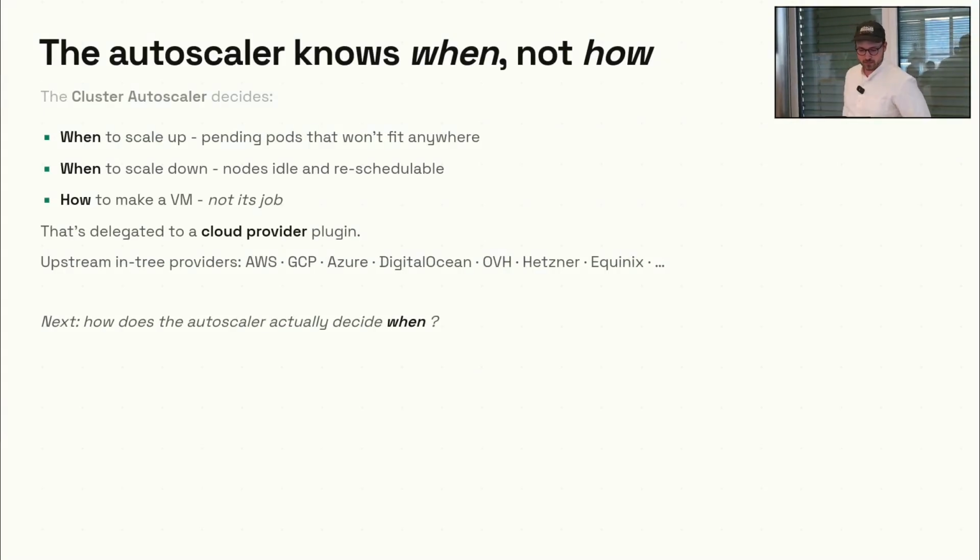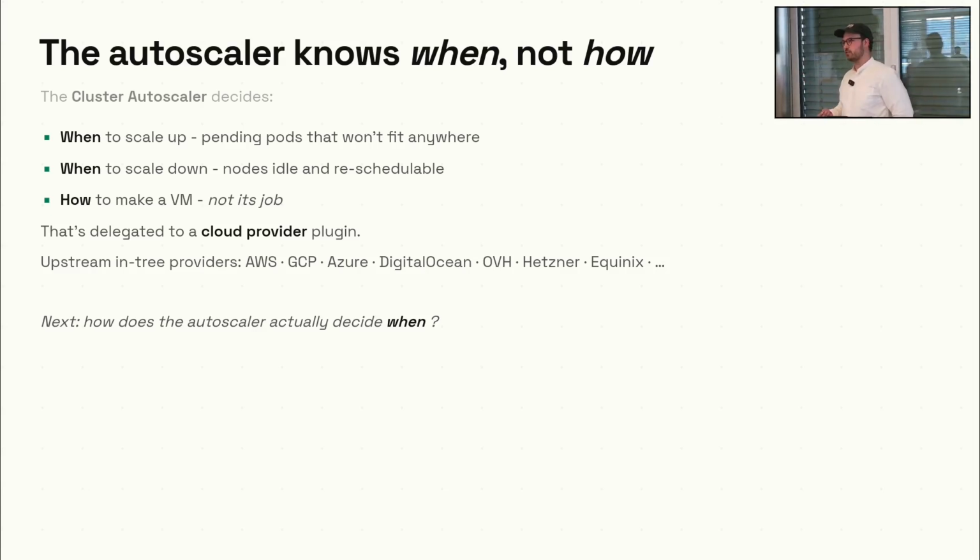All right, let's get into it. So the autoscaler, the core component, it knows when, but not how to scale. Mainly what it does is it knows when to scale up if there are any pending pods on a cluster, or the opposite, when to scale the cluster down, depending on nodes that have been idle for a certain amount of time.